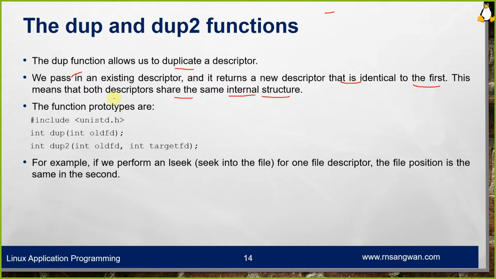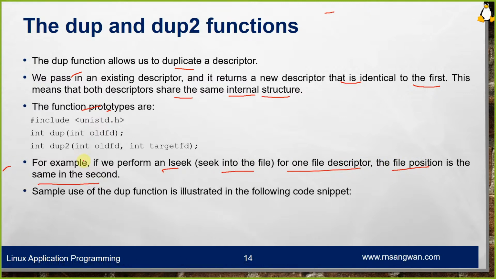For example, if we perform an lseek into the file for one descriptor, the file position is the same in the second. Simple use of the duplicate function is illustrated in the next code snippet, like fd1, fd2. We specify a file descriptor. We create a duplicate of this using dup.